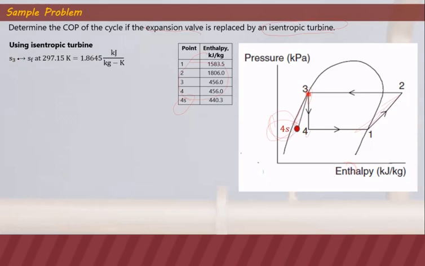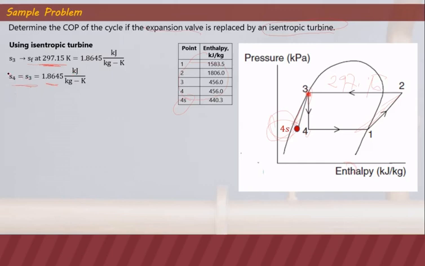The entropy at point 3 is Sf at 297.15, take note, the condensing temperature. We can get that from the software, and that is 1.8645 kilojoules per kilogram Kelvin. And since S4 equals S3, then S4 is 1.8645.